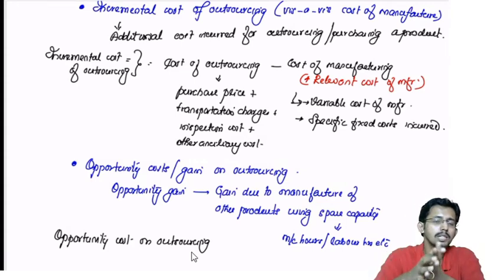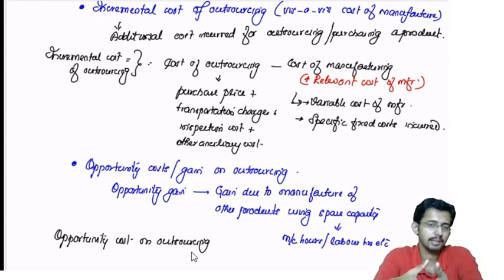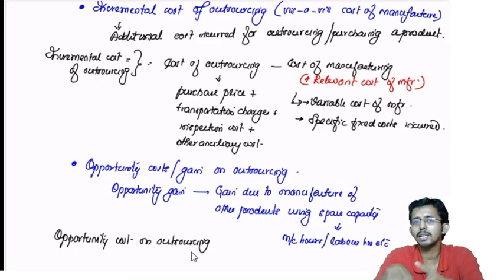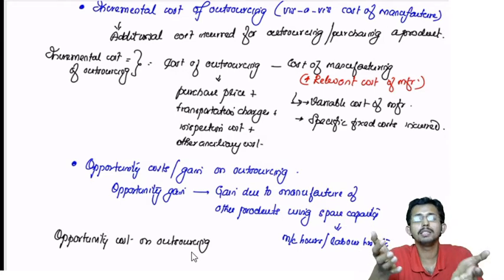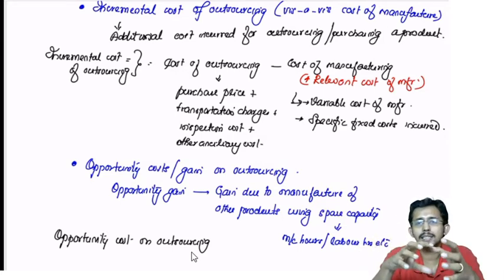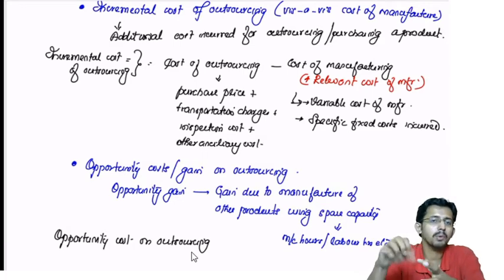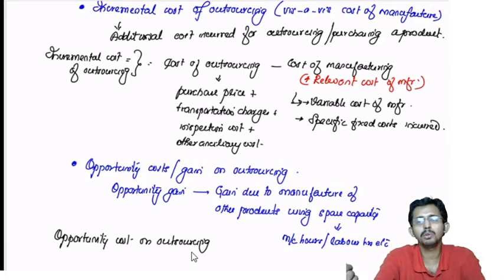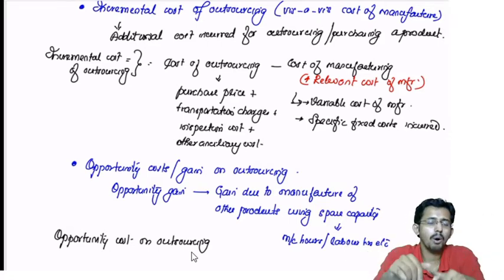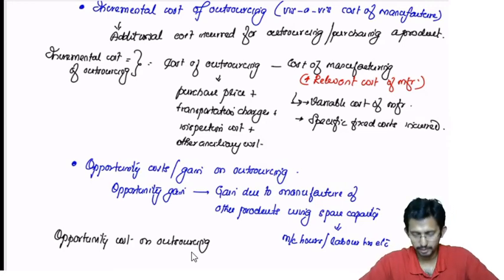When you are purchasing in bulk, that means the materials required for this product and also other products, you may be eligible to get some discounts from the supplier. But since you are taking a decision to outsource a particular product, you may lose such quantity discounts, which may act as an opportunity cost for you on account of outsourcing this particular product.